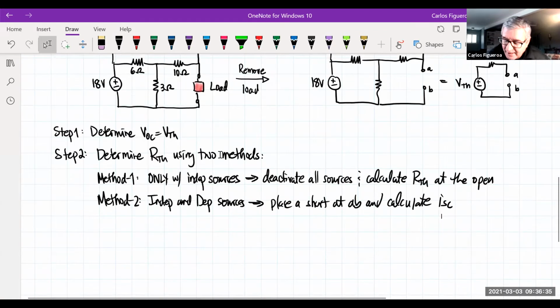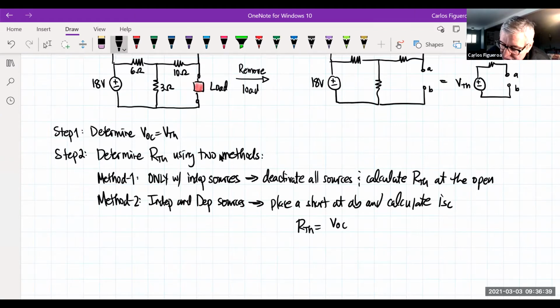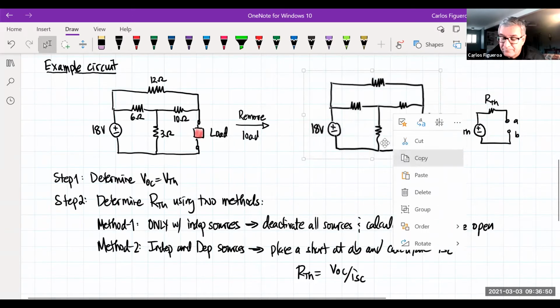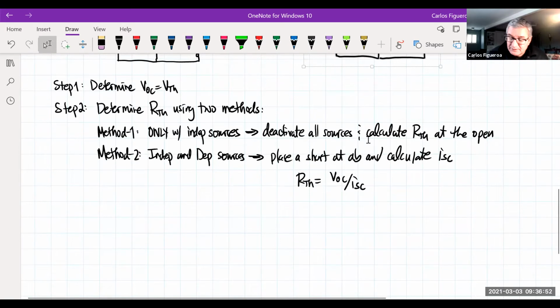Once you have that, then RTH is VOC divided by I short circuit. Those are the two methods that I want to do. So I'm going to take my circuit. I'm going to run with it. Here I go.